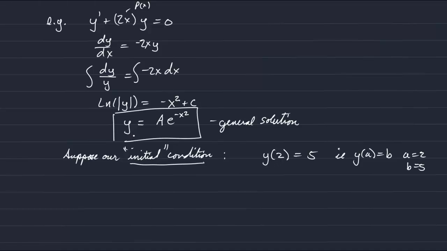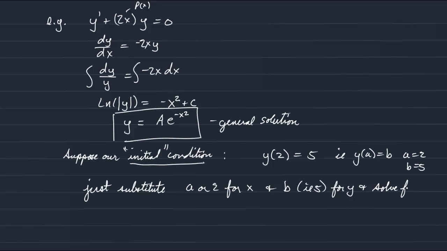So if we want to find the solution for the case in which at point x equal to 2, y is equal to 5, then all we have to do is substitute 2 in for x, 5 in for y, and solve just for A. So just substitute a, which is 2, for x, and b, which is 5, for y, and solve for A to get our particular solution.